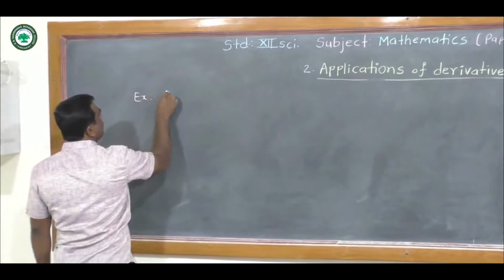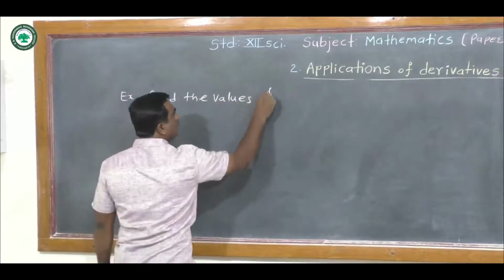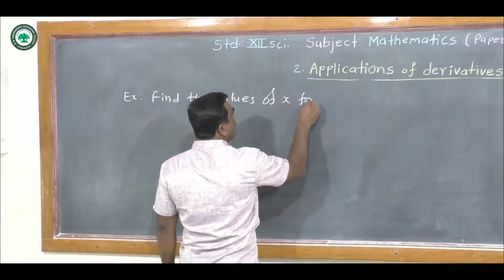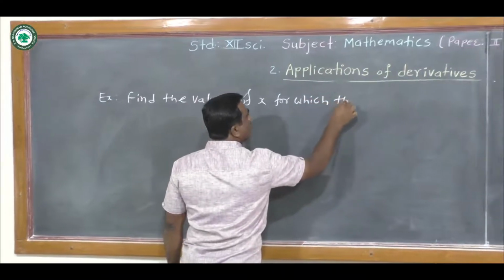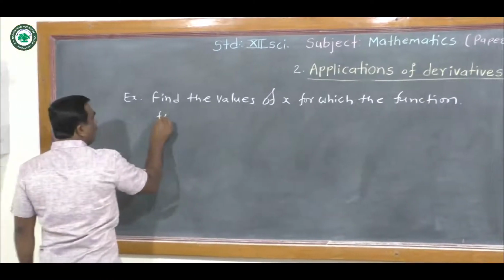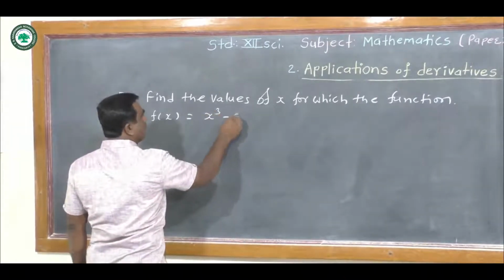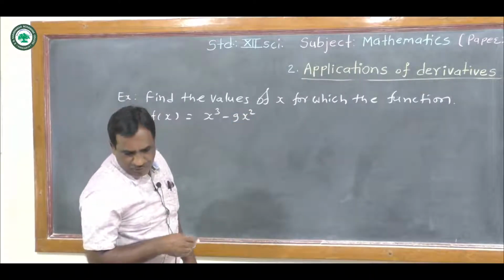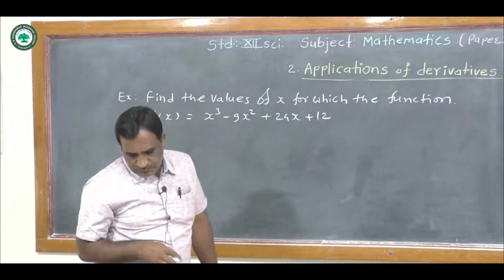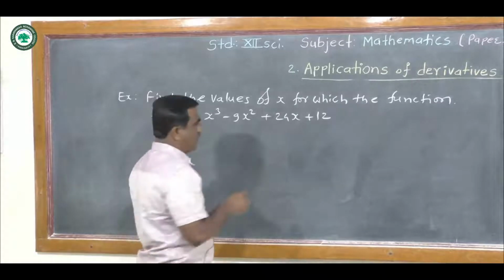Example: find the values of x for which the function f of x equal to x cube minus 9x square plus 24x plus 12 is a strictly decreasing function.